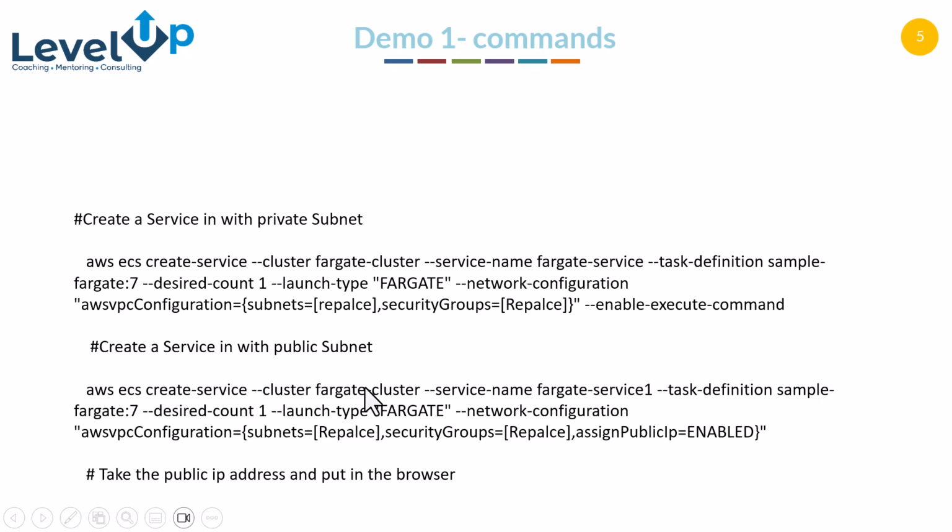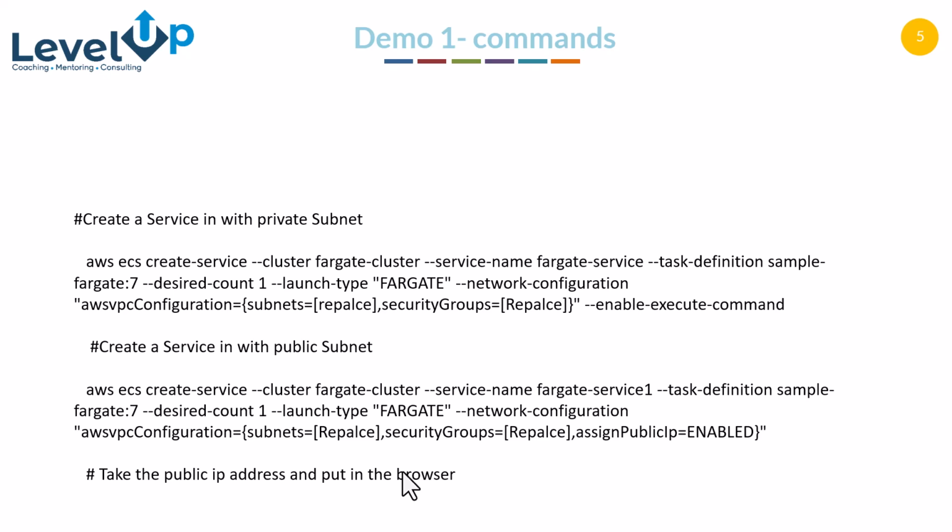We need to give the cluster name, the name of the service, the task definition file, how many tasks you want to launch, the launch type, and the network configuration. If we say assign public IP enabled, this will become a public task. If it is disabled with enable execute command, it will not assign any public IP address, so it will be private. Once this is done, we will take the public IP and put it in a browser, and we'll be able to see the container up and running. That is what we are going to do.